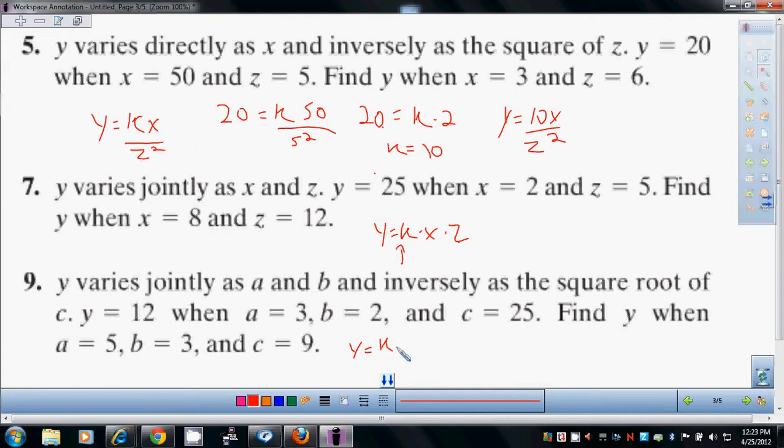Keep going. Square root. You're right. Square root. Very good. You're exactly right. And then you just plug in y, a, b, and c and solve for k. And then go from there. Getting the equation is the hardest part. Yes, sir.